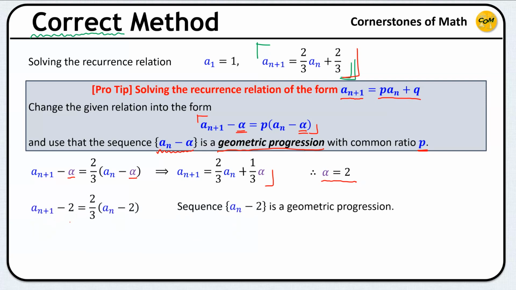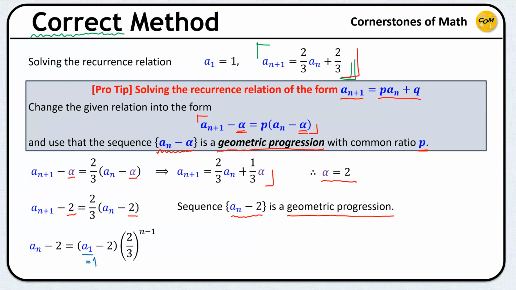So we know that the recurrence relation becomes a_{n+1} minus 2 equals 2/3 times (a_n minus 2), and we can use the fact that the sequence a_n minus 2 is a geometric progression. So its general term a_n minus 2 is given by the first term a_1 minus 2 times the common ratio 2/3 to the power of n minus 1.